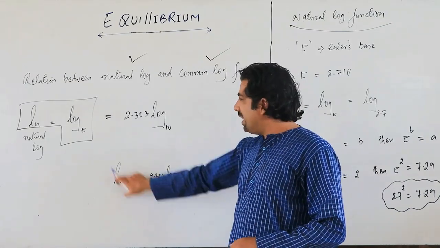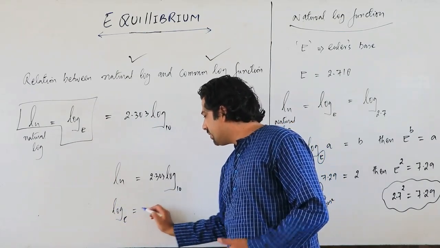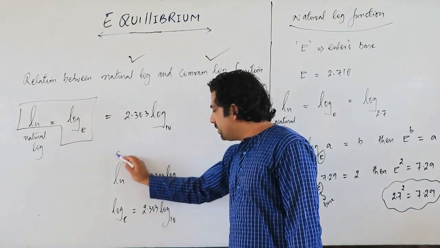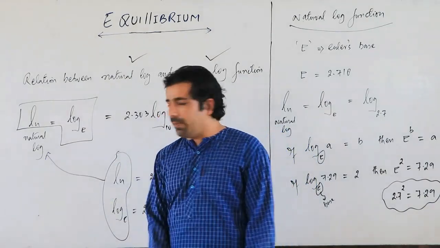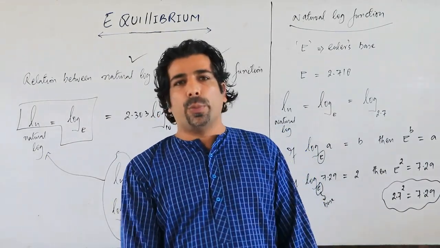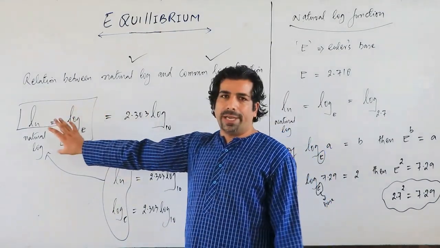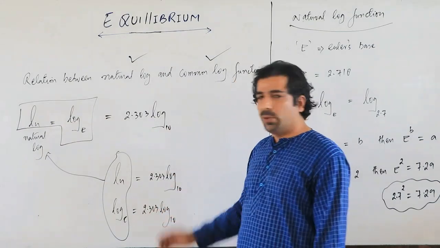Or in place of ln, they can mention log with base e. It's the same thing, 2.303 log with base 10, because both are the same. That is nothing but the natural log only, my dear friends. I hope you have understood how to convert the natural log expression into the common logarithmic expression. Please make note of this.